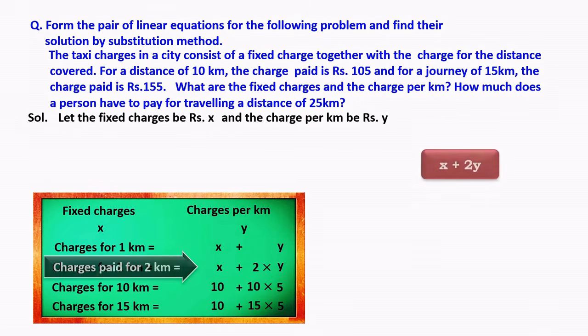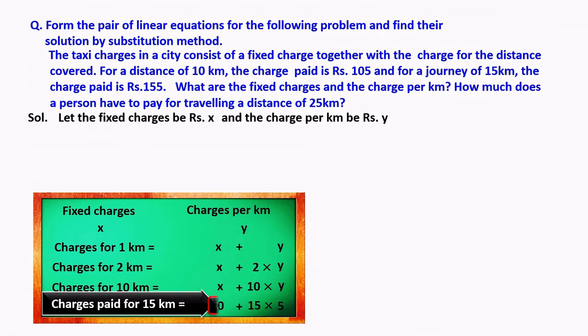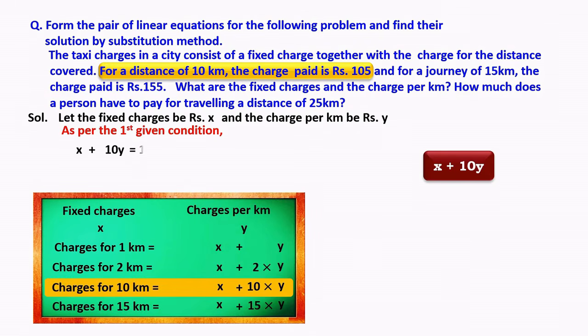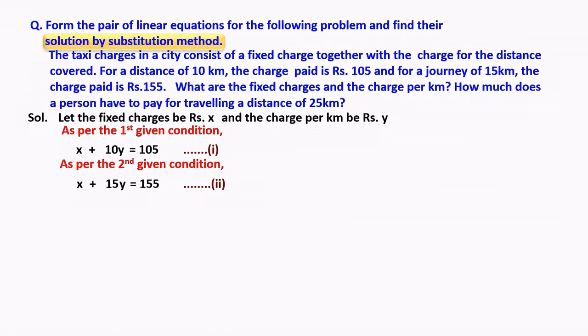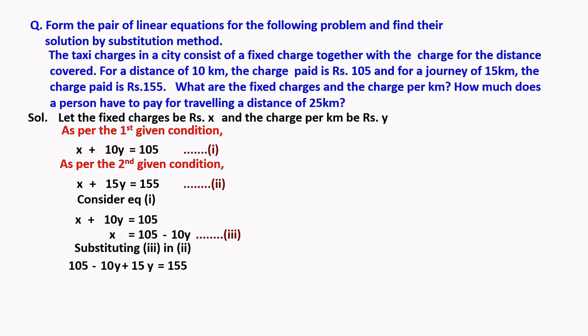From the first equation, x equals 105 minus 10y. Now substitute this value of x in the second equation. 105 minus 10y plus 15y equals 155. So, 5y equals 50. Therefore, y equals 10.